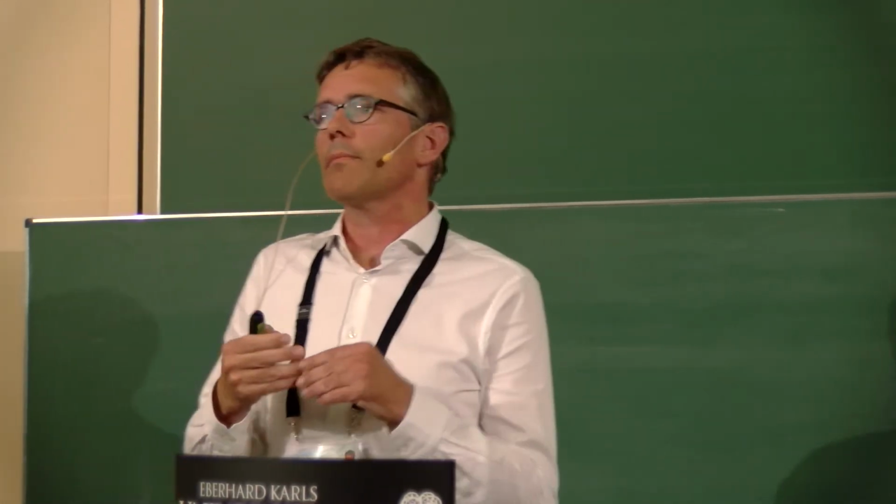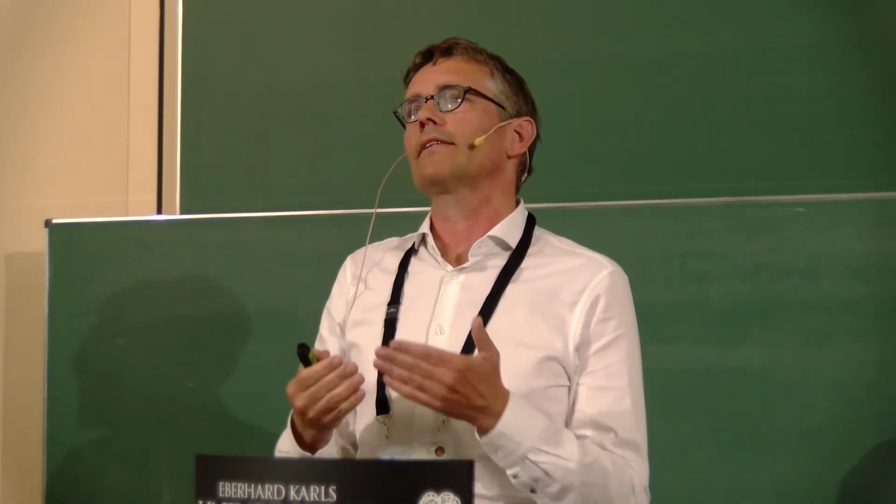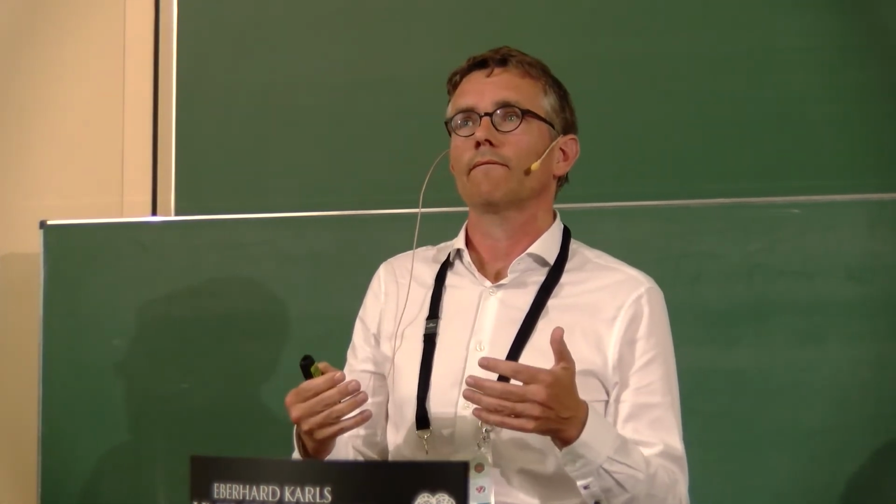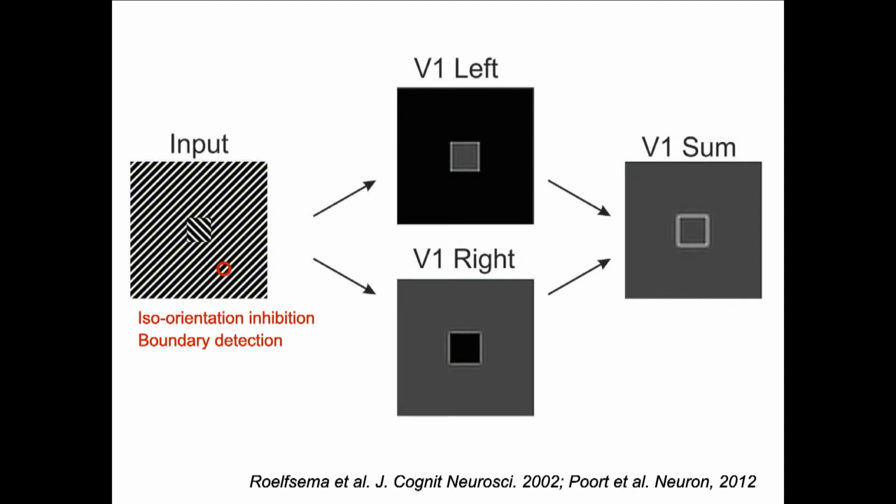Okay, here's a receptive field of a neuron that responds to the background, it's tuned to the right orientation. Now what we're going to implement to detect boundaries is iso-orientation inhibition. Neurons tuned to the same orientation are inhibiting each other. Okay? So this neuron now gets a lot of inhibition from its neighbor, its response is suppressed. Now, if a neuron has a receptive field that's on the boundary, the inhibition comes only from one side, so the response is less suppressed.